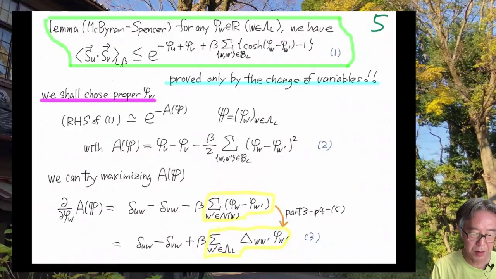So this means that we have this lemma. I call this lemma, but this could be called a theorem. This is a very meaningful result. The main result is that for any real phi, we have this upper bound. And surprisingly, this very meaningful looking result was proved only by the change of variable.